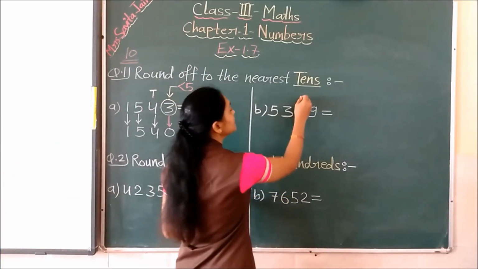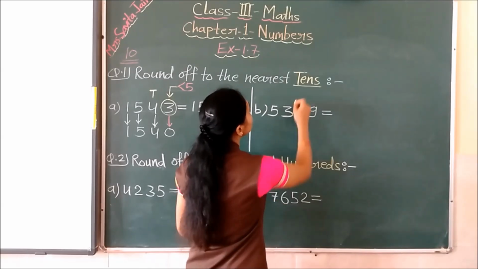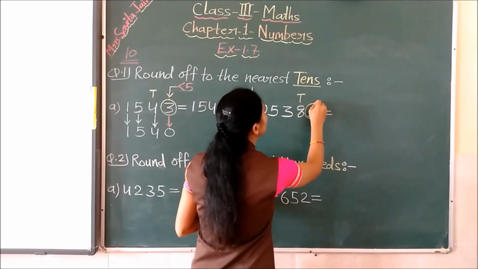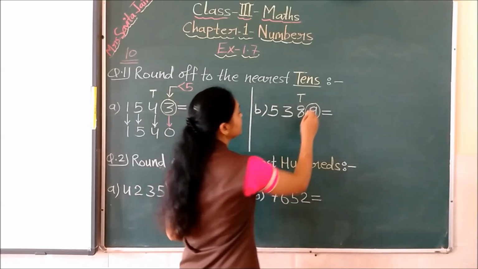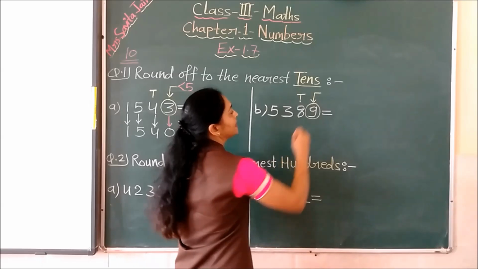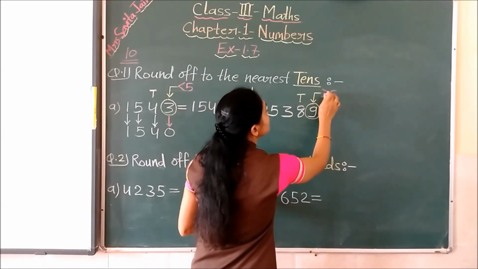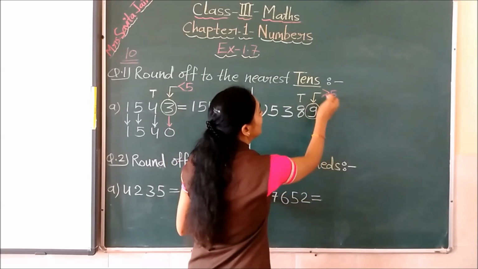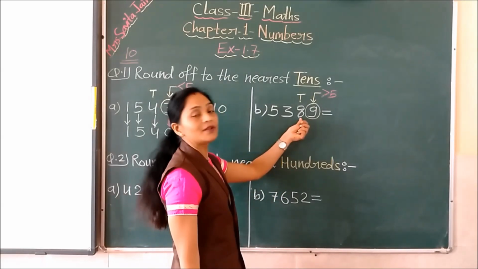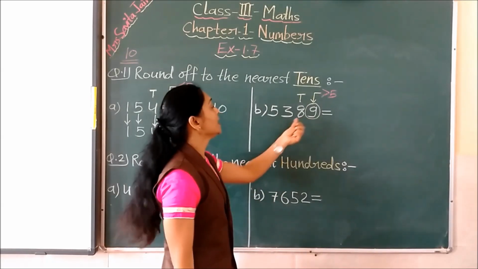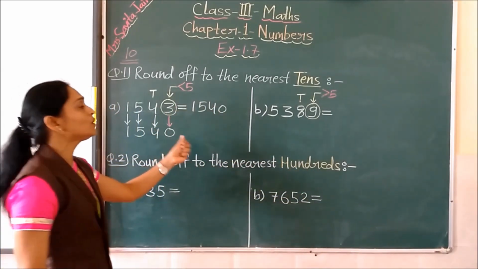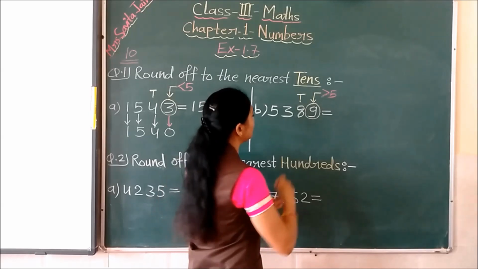Now the second question we will also see the same way. Here also this is the tens place, children. So we have to see this ones place digit. Now see children, this ones place digit is 9. It means this is greater than 5. So when this digit is greater than 5, the tens digit will be increased by 1. And in a similar way as we replaced the first digit by 0, this one also will be replaced by 0.